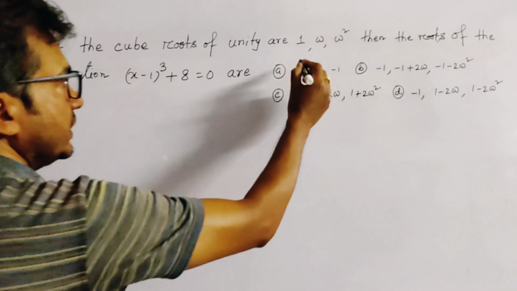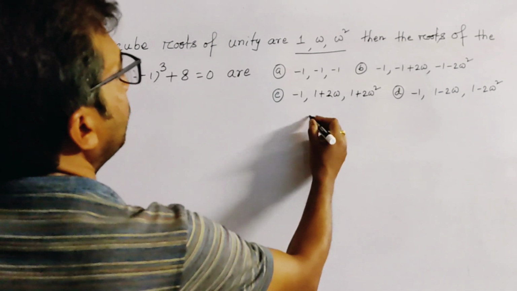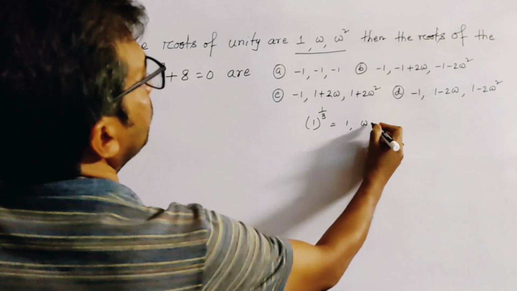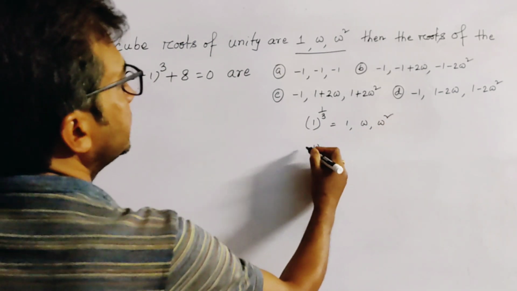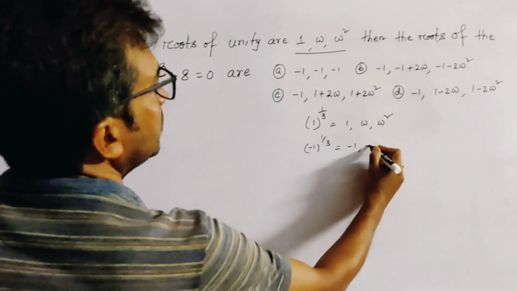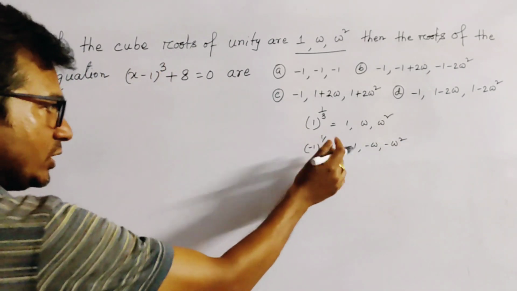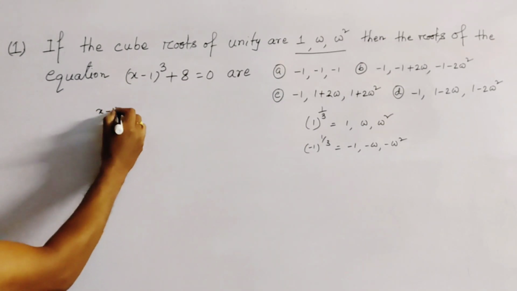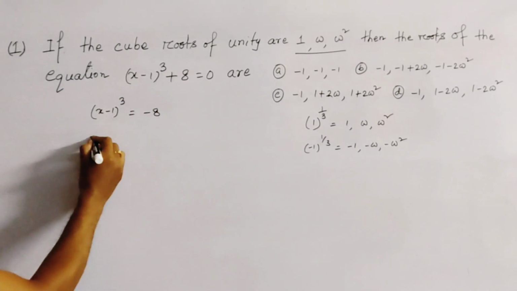We first say that the values of 1 to the power 1/3 are 1, omega, omega square. So the values of minus 1 to the power 1/3 are also minus 1, minus omega, minus omega square. We use this result here. Now from this equation, (x minus 1) whole cube equals minus 8.